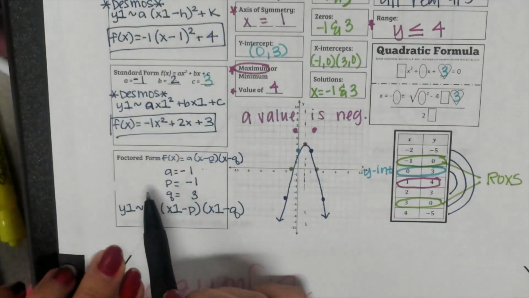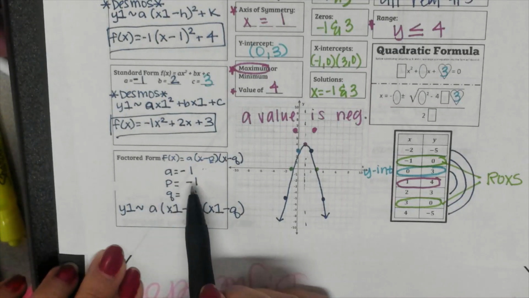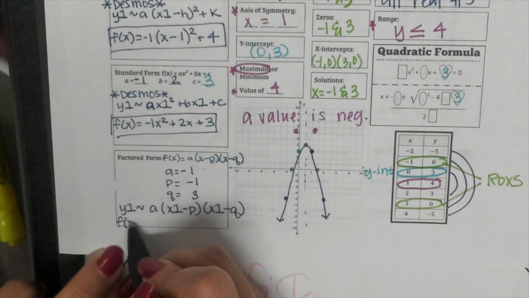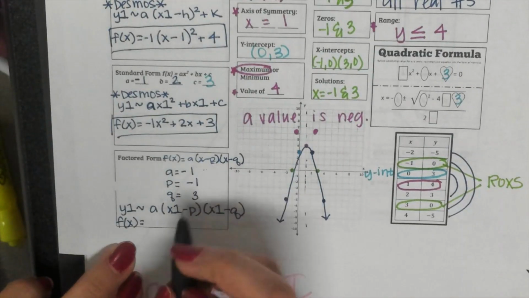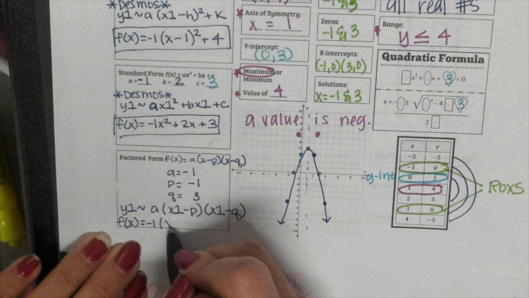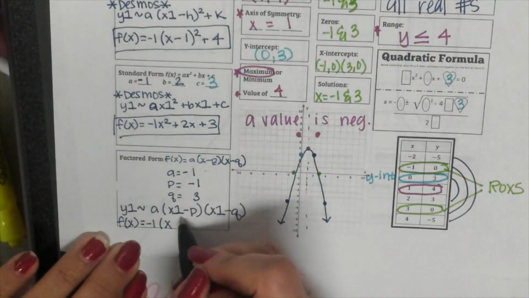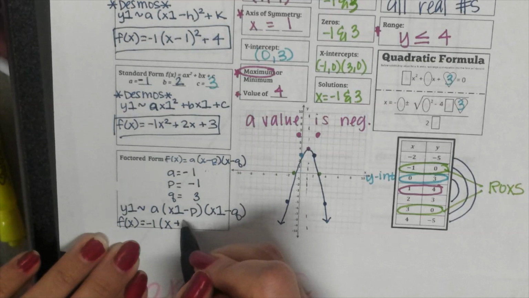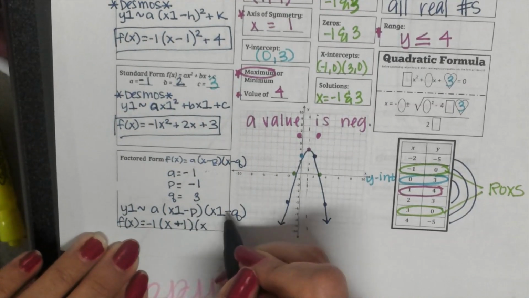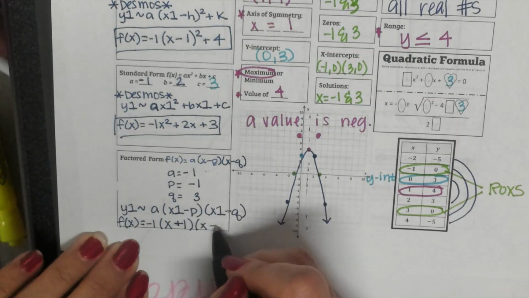Lastly, factored form. I have my a, p, and q. So f of x equals a, which is negative 1, (x minus negative 1, so it becomes a plus)(x minus 3).